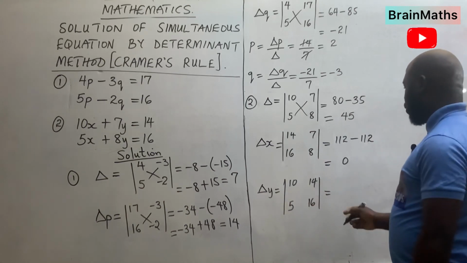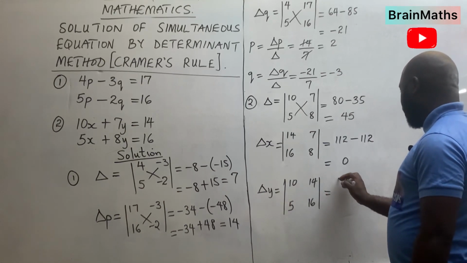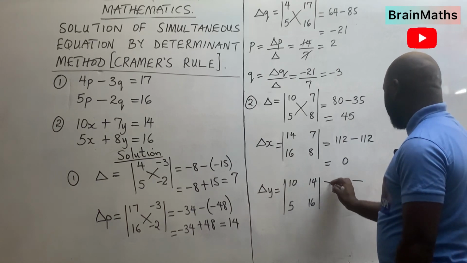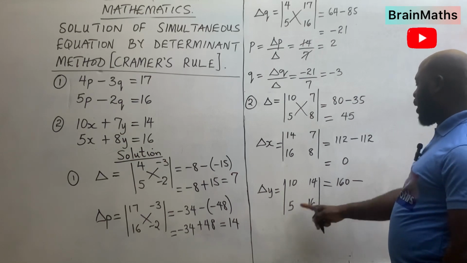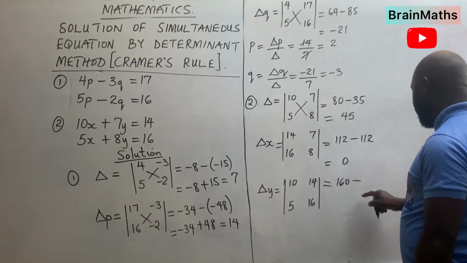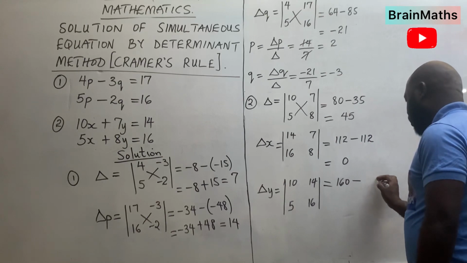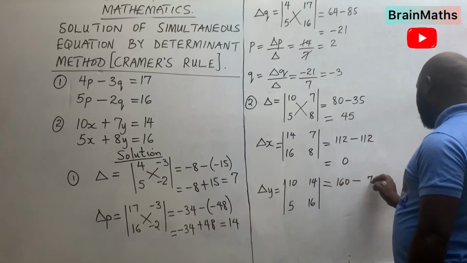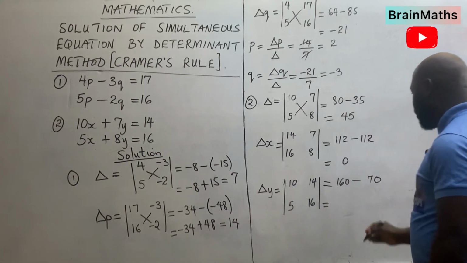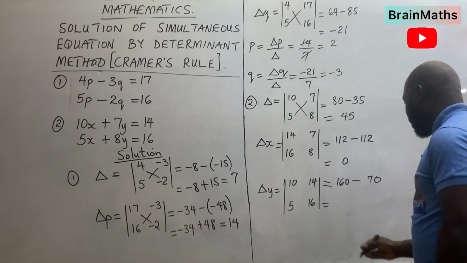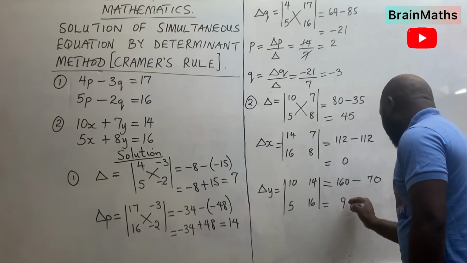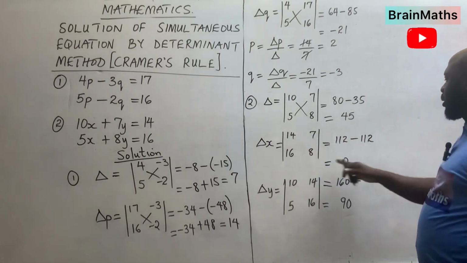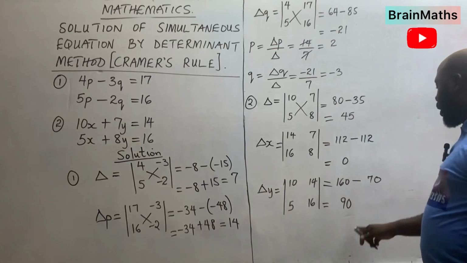If you multiply this, 10 times 16 is going to give you 160, minus 5 times 14, that is going to be 70. So 160 minus 70 will give us 90. So the value for the change in x is 0. The change in y is 90.